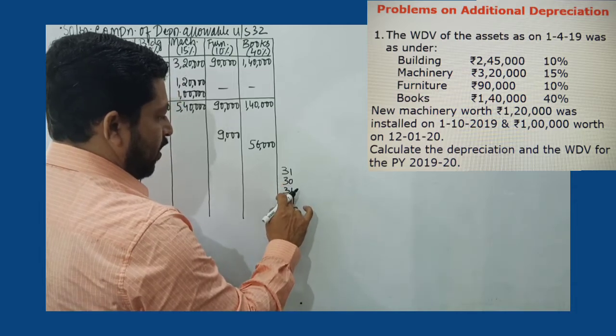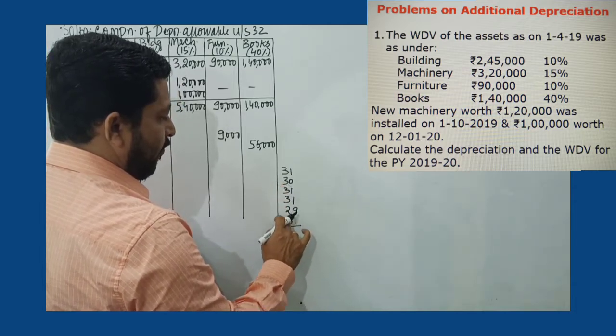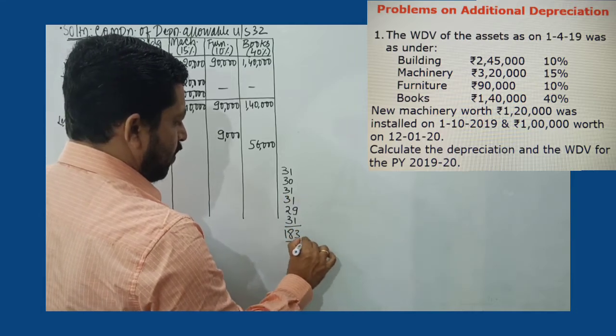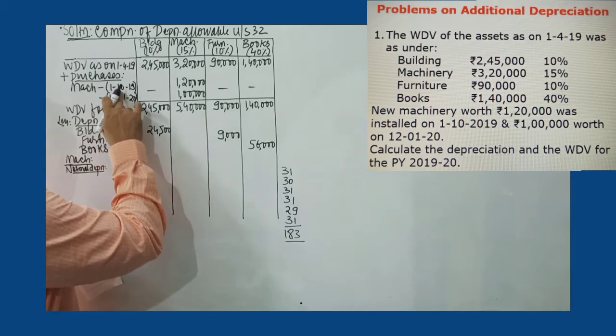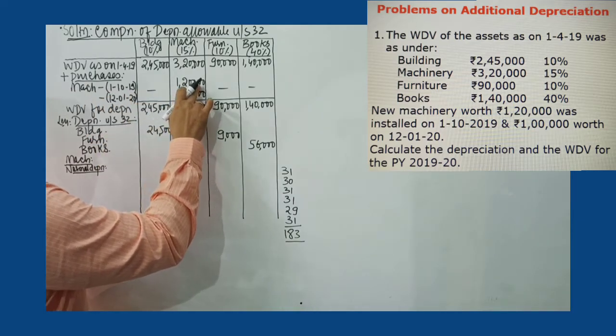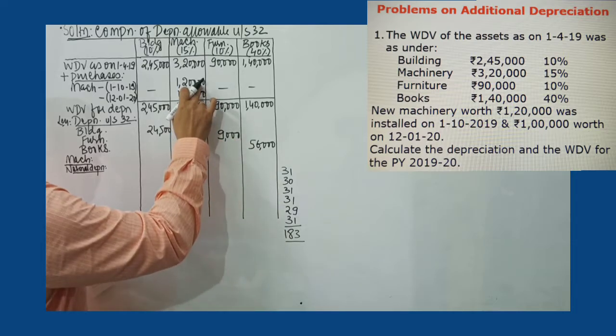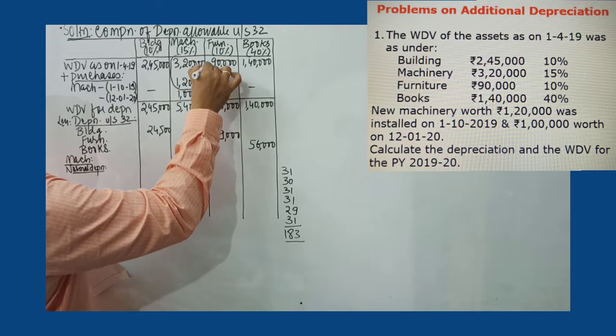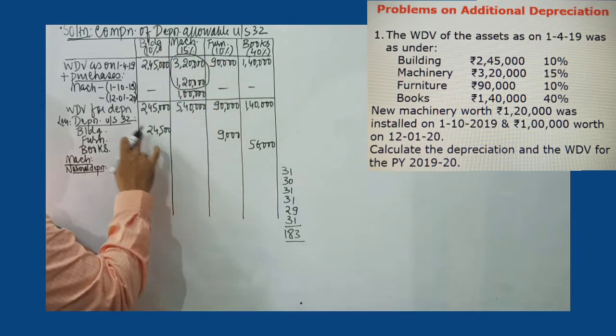So 30, 60, 90, 120, 150, 180, 183 days. That means this machinery purchased on 1st of October 19 has been purchased and put to use for more than 180 days. So I will combine these two because full year's depreciation will become applicable on this.